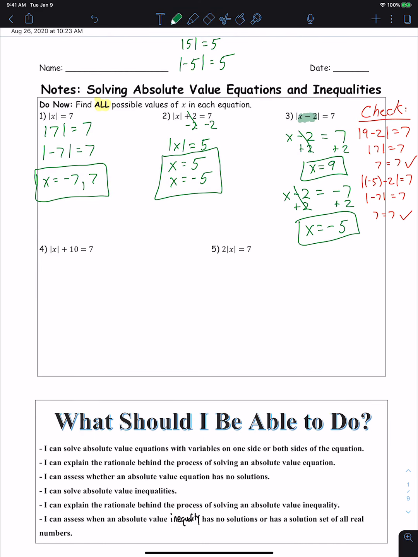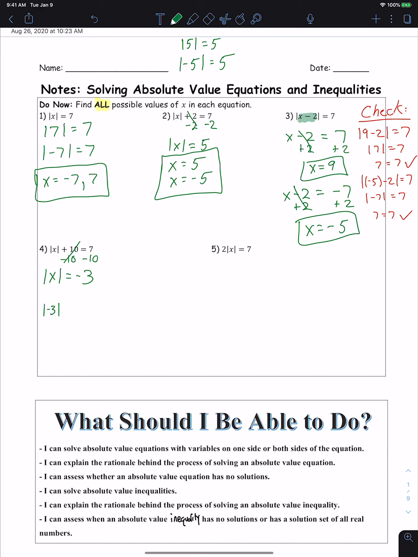Let's look at number 4. The absolute value is not by itself yet. So I'm going to subtract 10 on both sides to get the absolute value by itself. I now have the absolute value of x is equal to negative 3. Like we were saying before, you can never have an absolute value that's negative. Absolute value is always positive, so you could say, oh, x would equal negative 3. Check it.